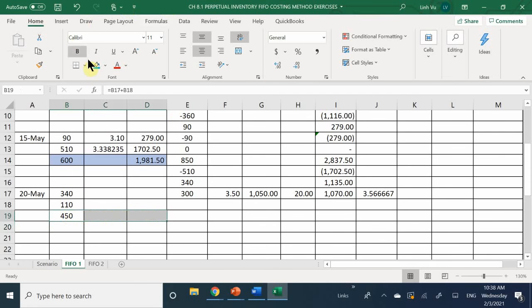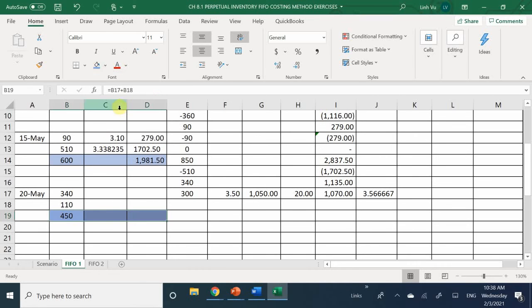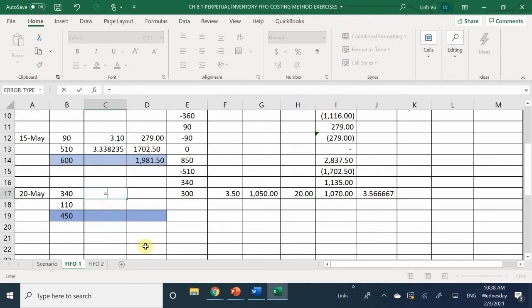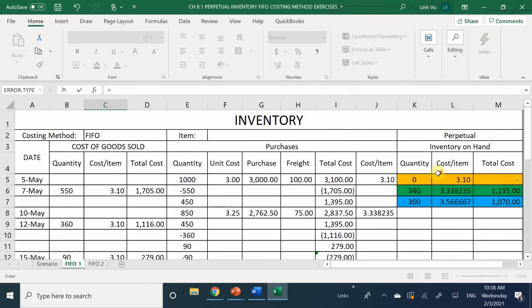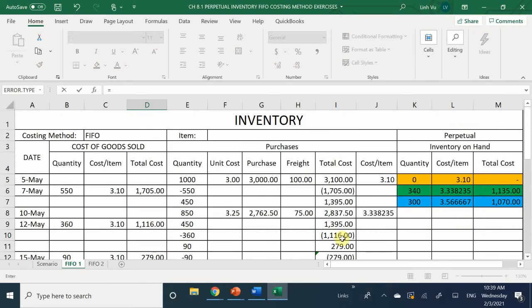So I'm going to highlight this again, and I'm going to make it this nice blue here. Because I'm getting rid of my entire green batch, I'm going to select this. I have to type it in.